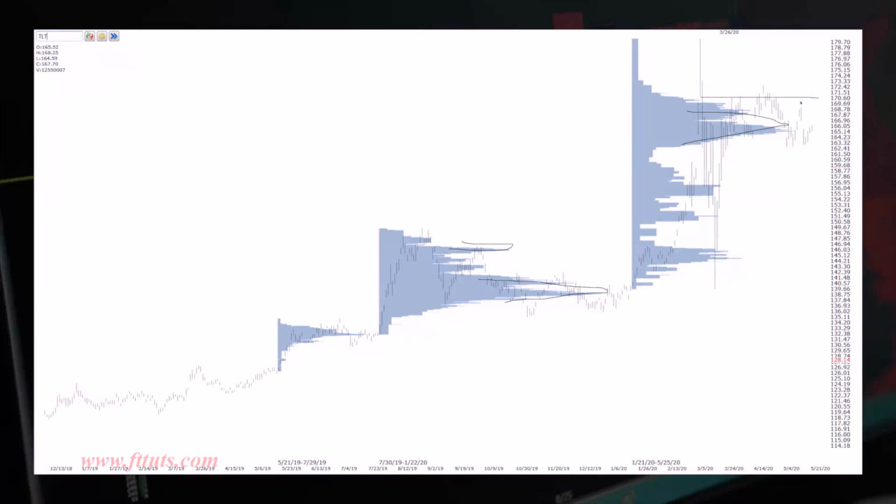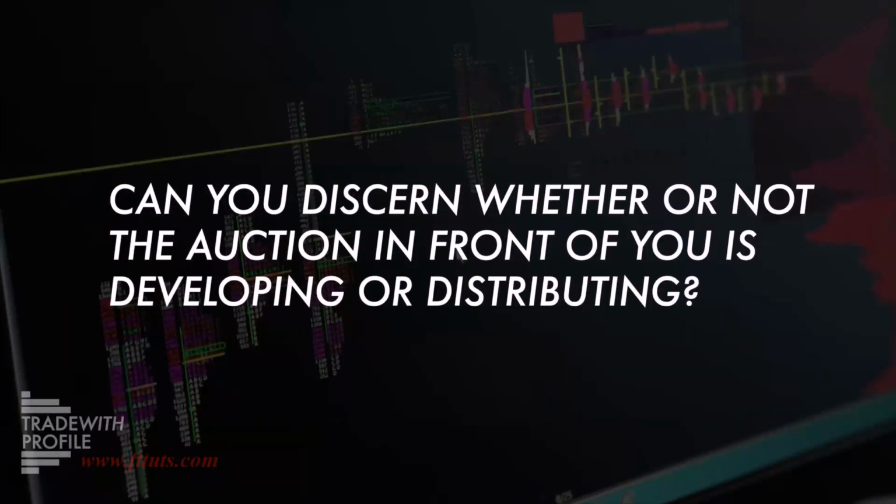When I see low volume areas, there was some distribution taking place across that. Here's a move. Wow, look, there's a distribution. We use those tools to help us very quickly see, are we in a developing auction or a distributing auction? So again, the question is, can you discern whether or not the auction in front of you is developing or distributing?